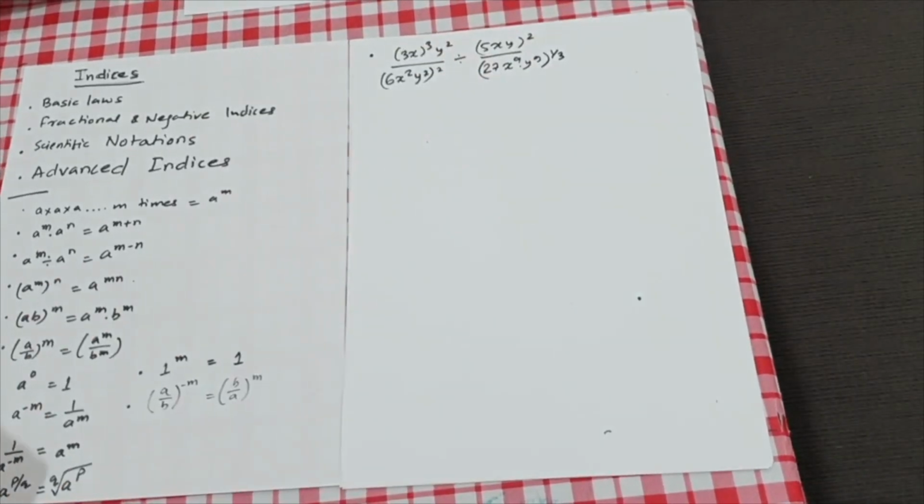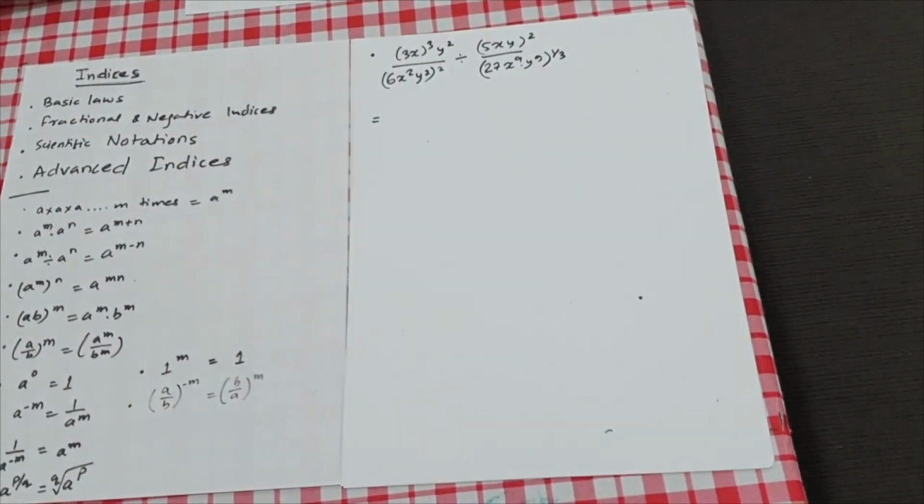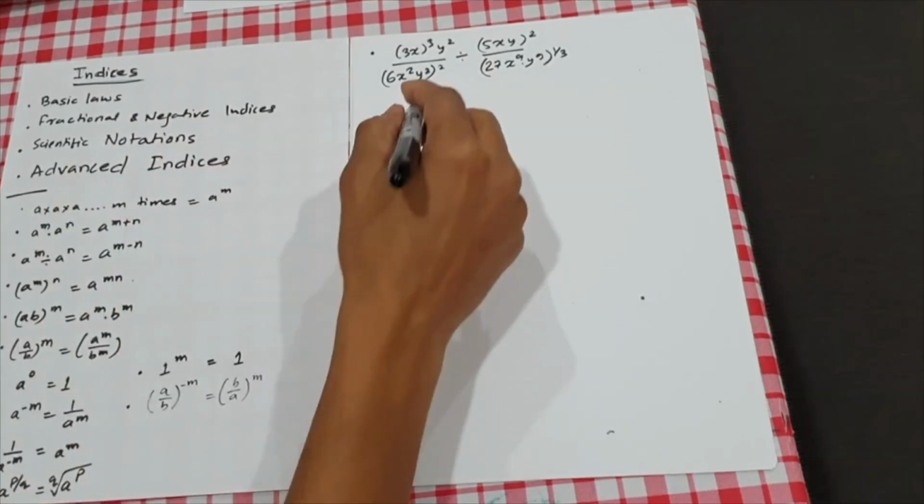Okay, so this is the problem coming from the book, Australian Curriculum, Unit 2, Level 1, indices, chapter 2, level 2 indices.